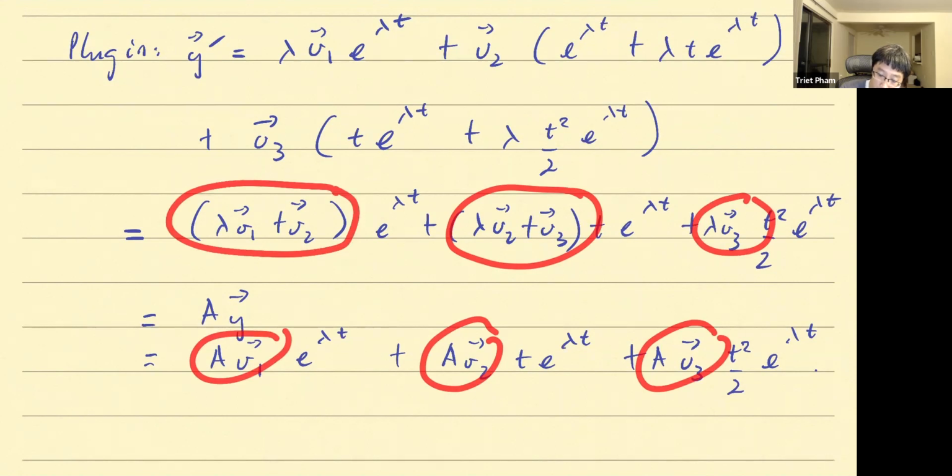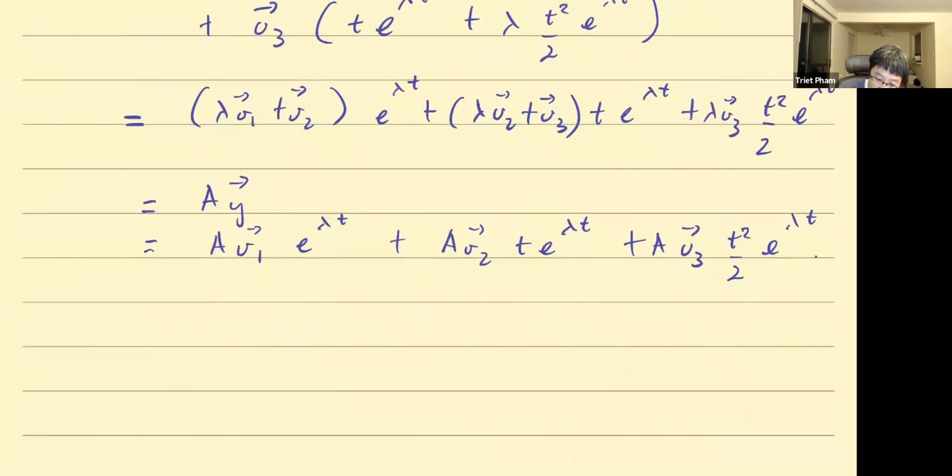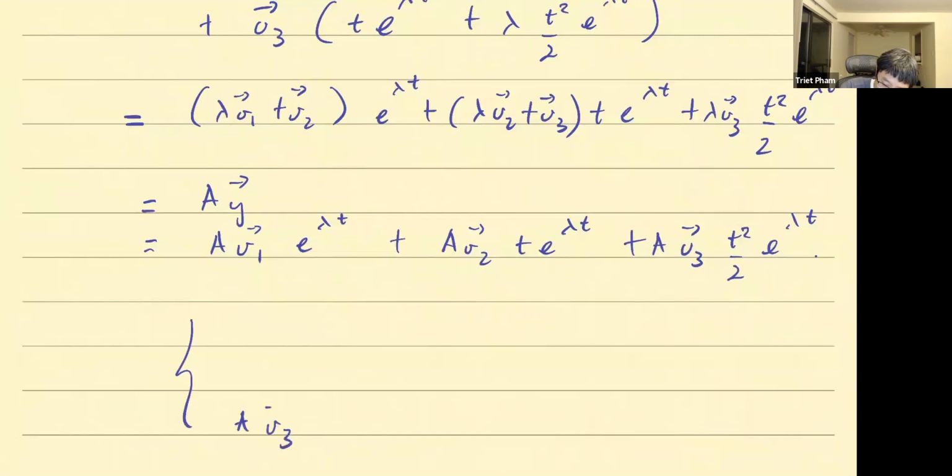Okay. In other words, we get a layer of 3, right? Where I start out with A v3 is lambda v3. Then A v2 is lambda v2 plus v3. And then A v1 is lambda v1 plus v2.